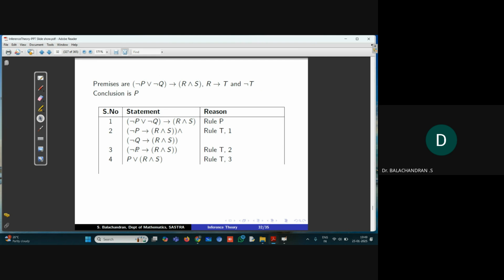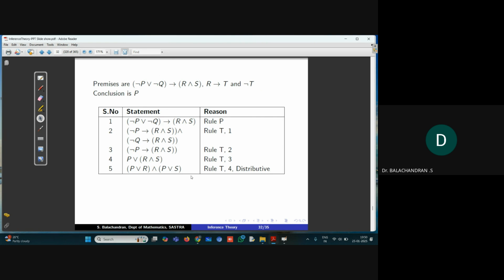P implies Q. Negation of P, what is it? P R and S. And then apply distributive, P R R and P R S.